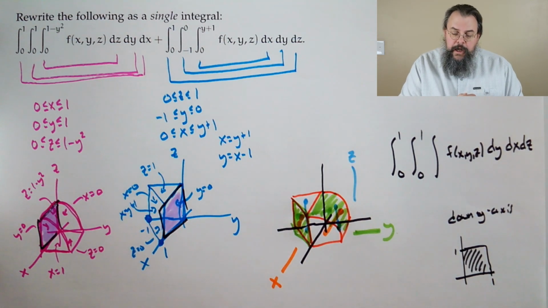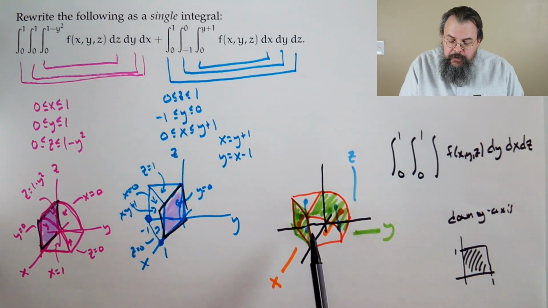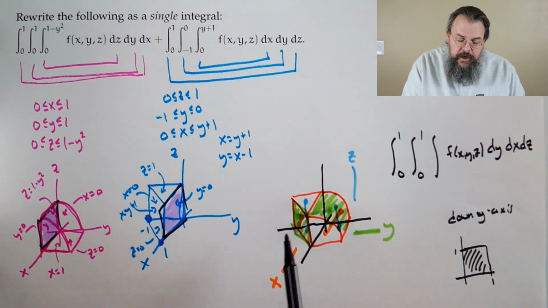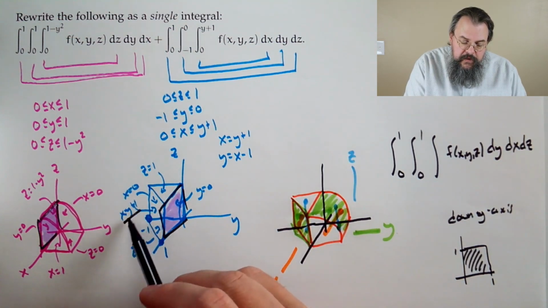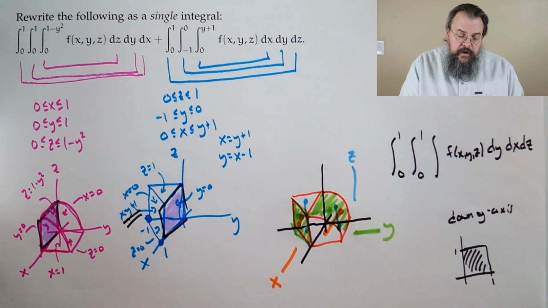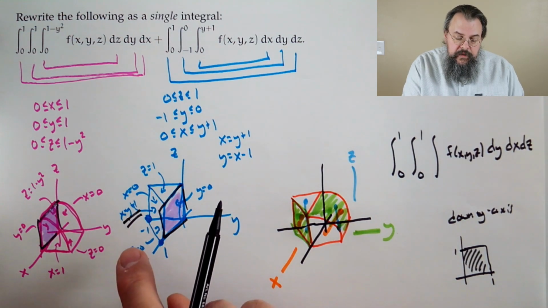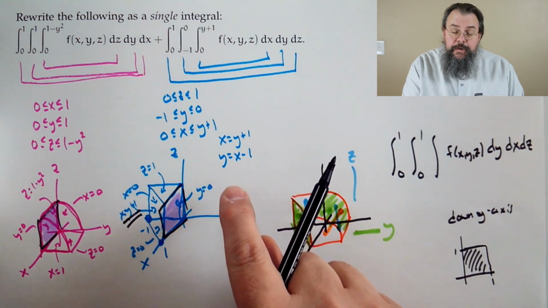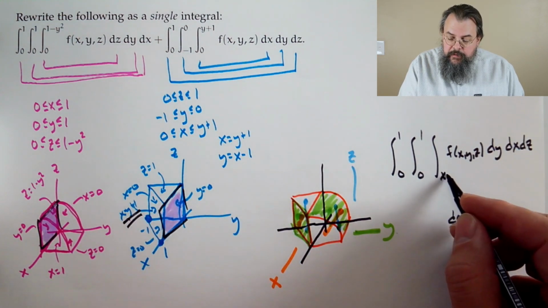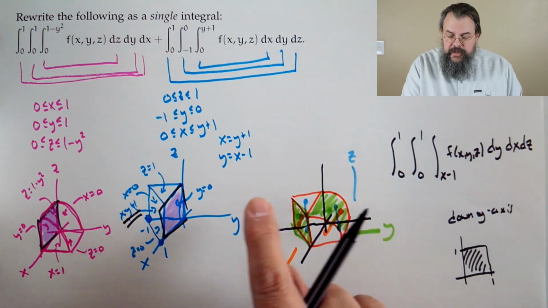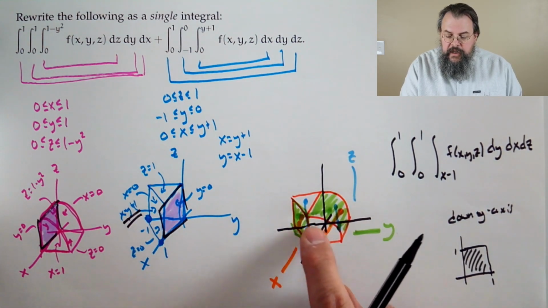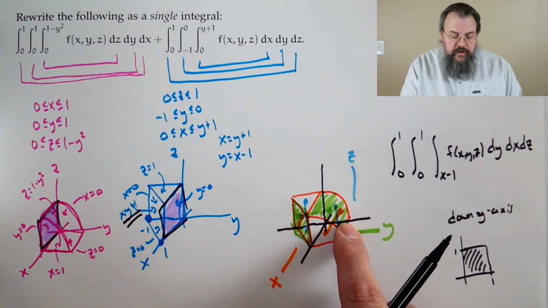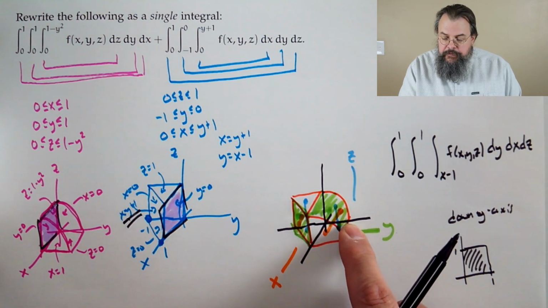And now, how about where does y go from? Well, the low one, the left one, comes from this surface, the surface where we had x equals y plus 1, which is the same as y equals x minus 1. So that's the lower bound here. The upper bound is this curved surface. Well, what is that?